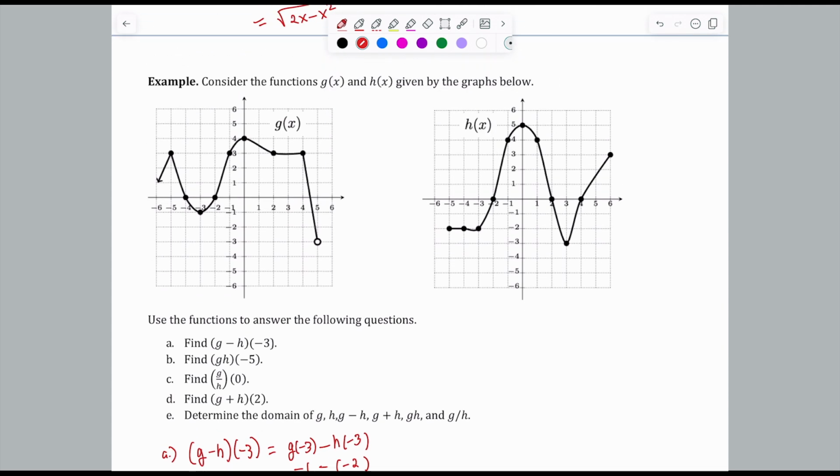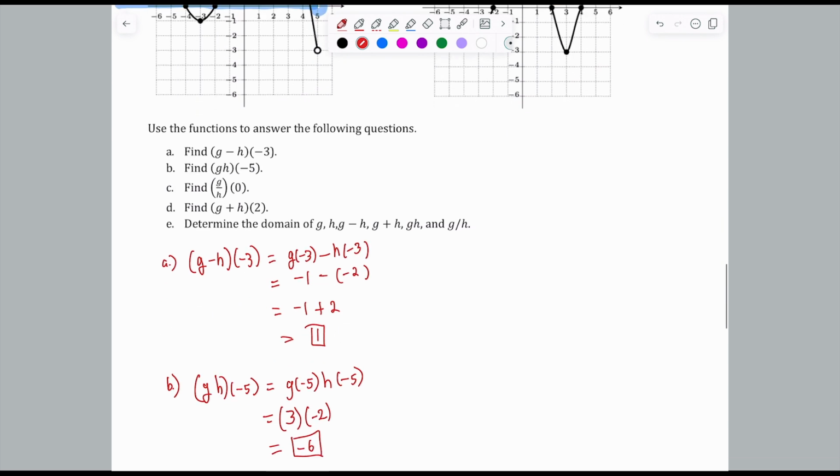Looking at g first, we have an arrow which indicates it continues on forever, so the x values are from -infinity up to 5, but we have an open circle there, so we don't actually get 5. So for E, the domain of g is (-infinity, 5).